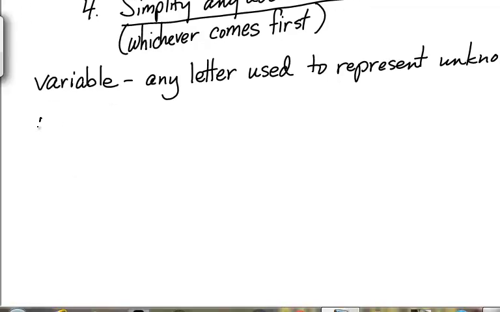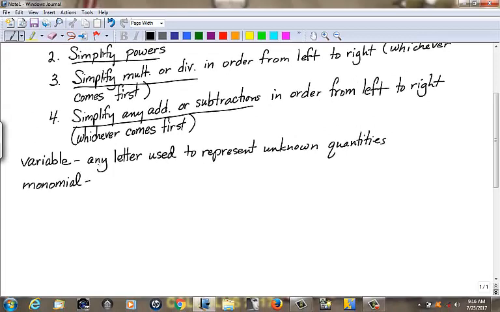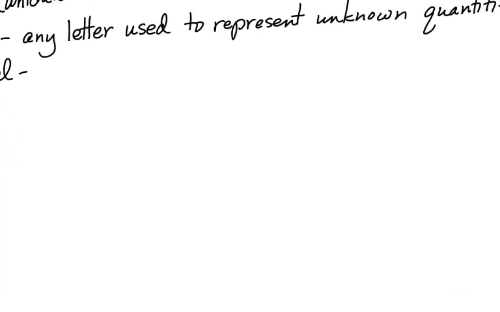Okay. Then the author also talks about a monomial. And these are terms I'll use too as I'm going through problems, so you need to know what I'm talking about. And if you have questions on it, just ask.